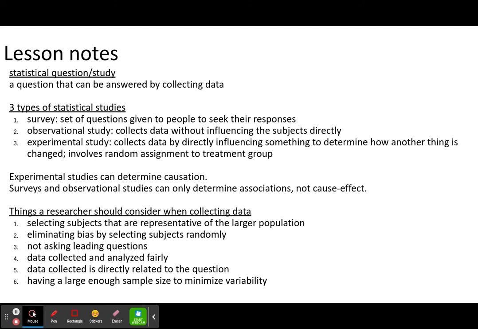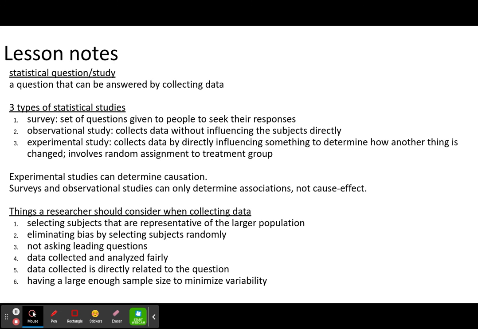Not asking leading questions. Leading questions meaning questions that lead the respondent to one response versus the other. That could bias the results. Data needs to be collected and analyzed fairly. The data collected needs to be directly related to the question, meaning directly related to whatever you're studying. And you need to have a large enough sample size to minimize variability.